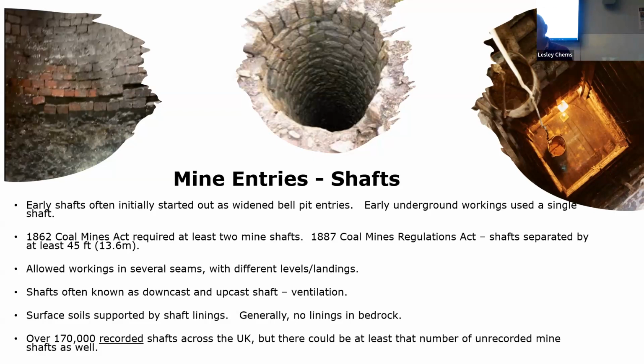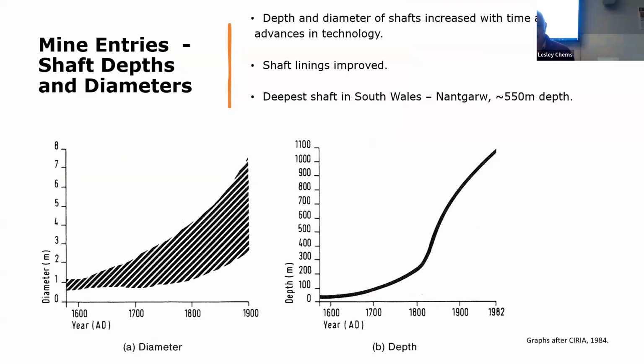There are over 170,000 recorded shafts across the UK, but it's reckoned there could be at least that number, again, unrecorded. And in terms of shaft depths and diameters, you can see in the graph on the left is the diameter of the shaft, and on the right is the depth of the shaft. In the early 1600s, they were not more than about 1 metre wide and rarely went more than about 30, 40 metres.